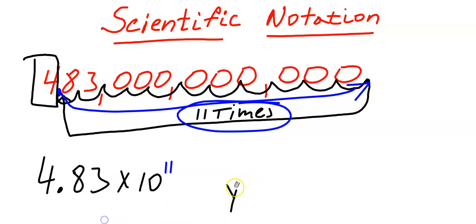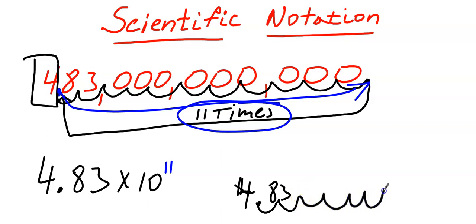Now, just to check on this, here's a little proof. Let's change it. It's 4.83. And if I'm multiplying it by 10 11 times, here's what happens. Times 10 times 10, that's twice. So I need to do it 9 more times. 1, 2, 3, 4, 5, 6, 7, 8, 9. Fill in the blank spaces with zeros.